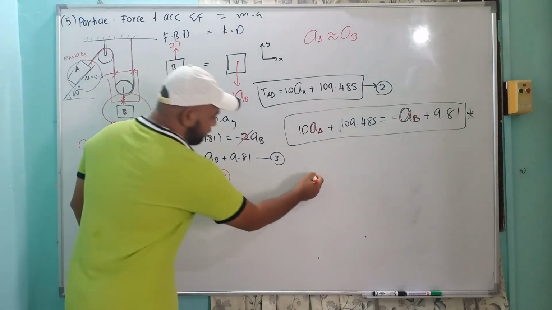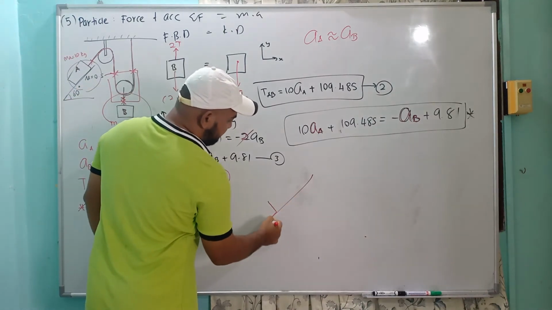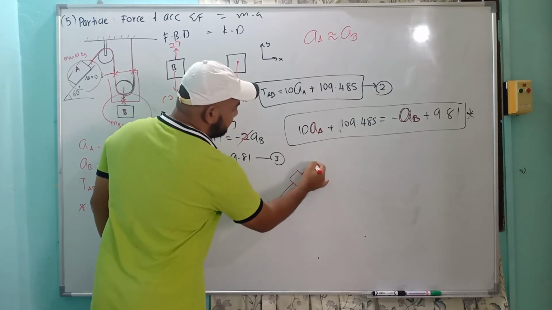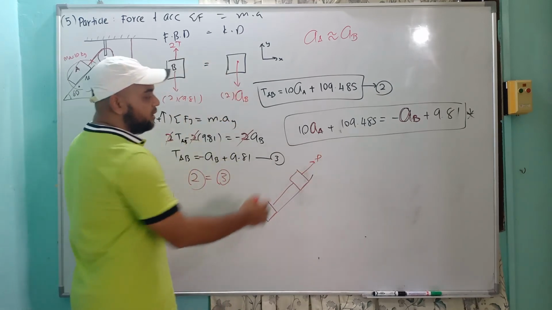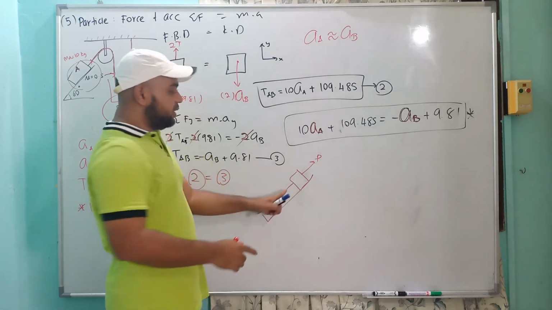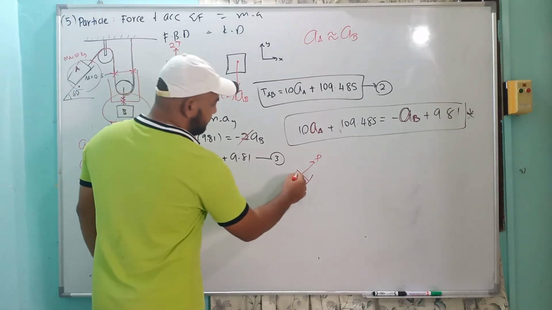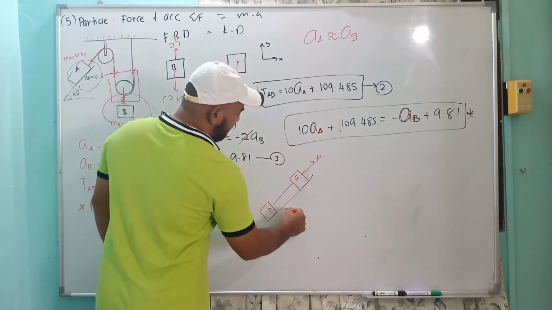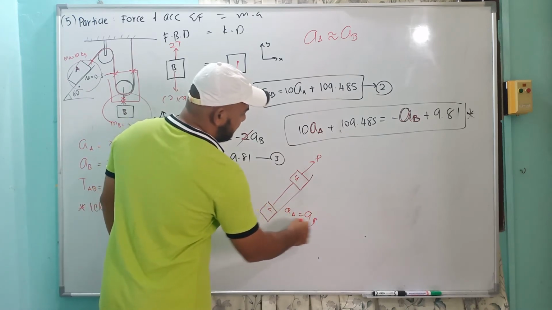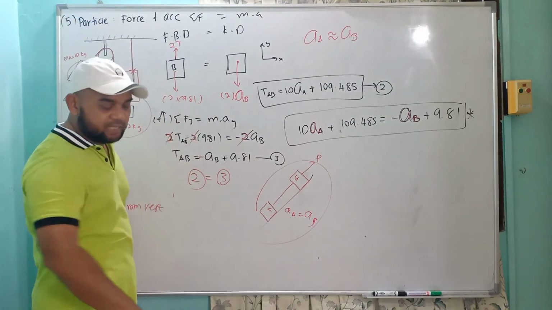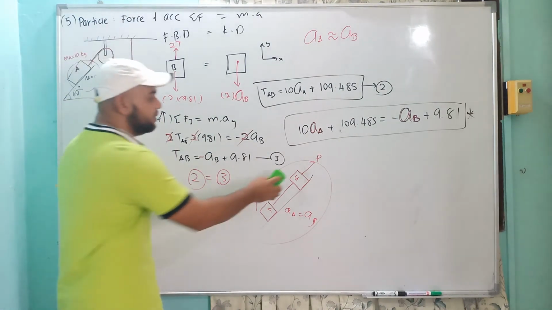Let's say I have one component here, this part, and a second part here. If we link them together and I pull this as P, and the component moves, the components move at the same speed and same acceleration. So AA equals AB, in this case. We have to analyze the relationship between A and B.